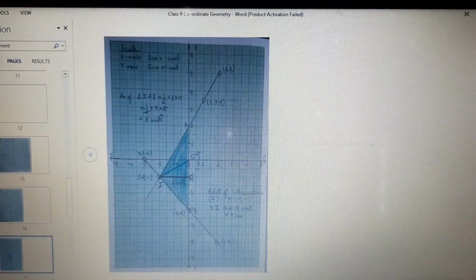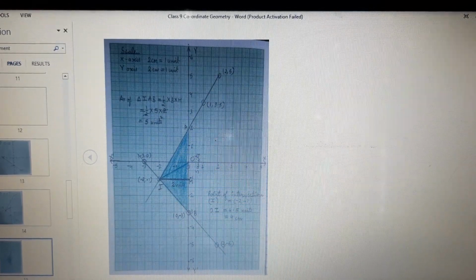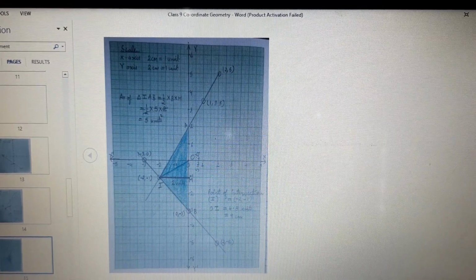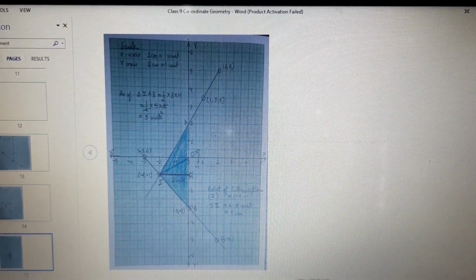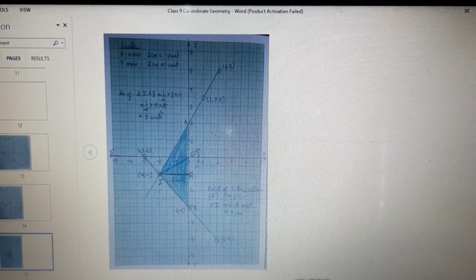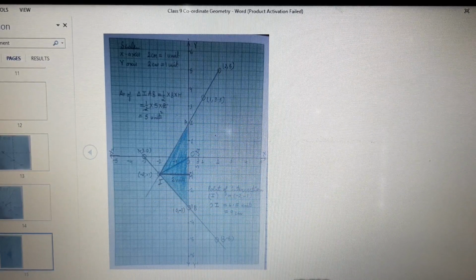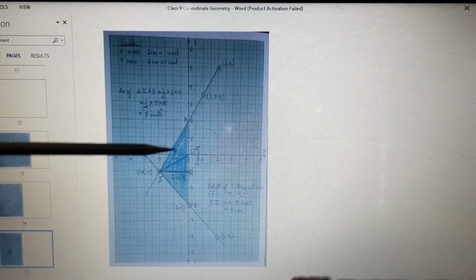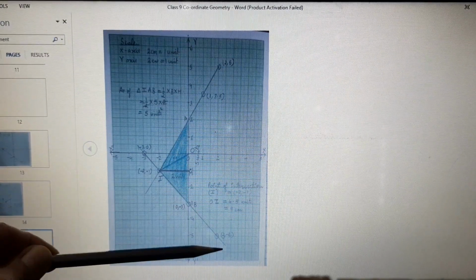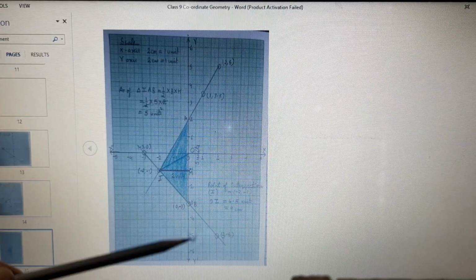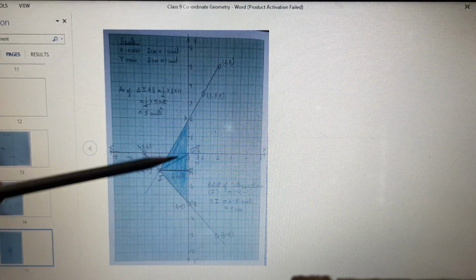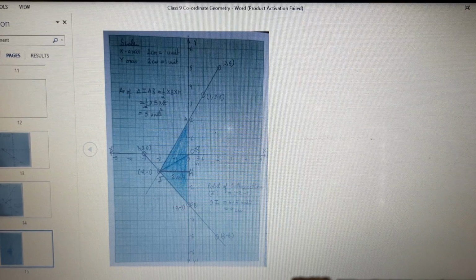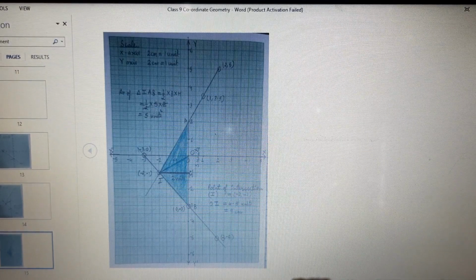So now they have asked what is the area of the triangle which is formed between these 2 lines and the y-axis. So I have shaded the triangle. These 2 are the lines and this is the y-axis. So this is the area which is colored with blue color. And we have to find out the area of this triangle.